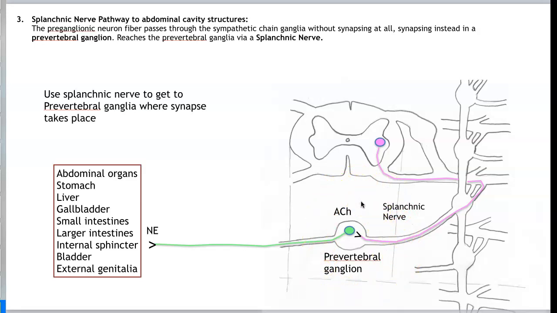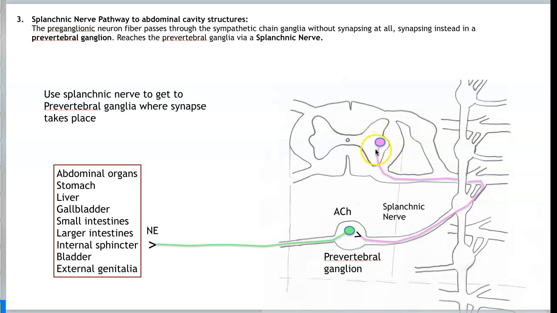So let's see how this path works. Where are we starting? The lateral horn, T1 through L2, lateral horn. Our preganglionic neuron cell body is there.